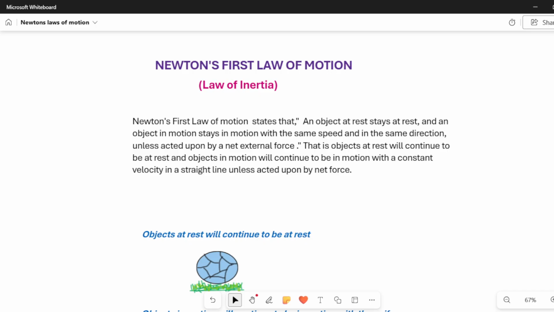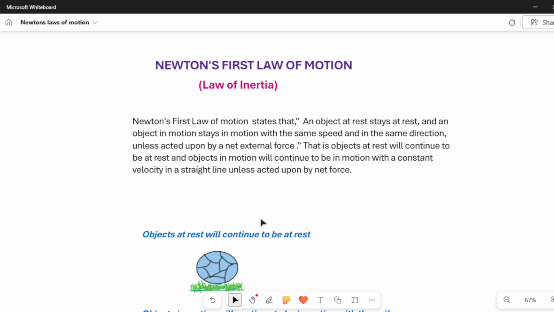So what does Newton's first law of motion state? Newton's first law of motion states that an object at rest will stay at rest and an object in motion will stay in motion with the same speed and in the same direction unless acted upon by a net external force.